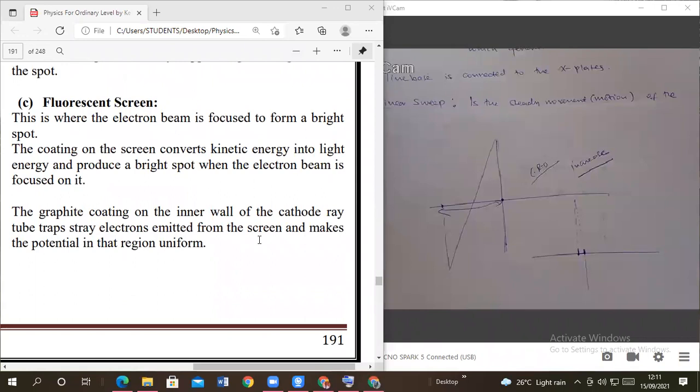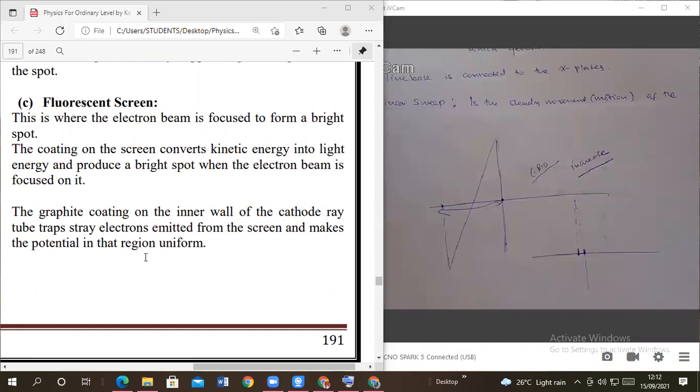I don't know whether you have seen those TVs of a long time ago, but I used to dismantle some of those TVs at home. We had one and it was old, so I dismantled it to see what was inside.